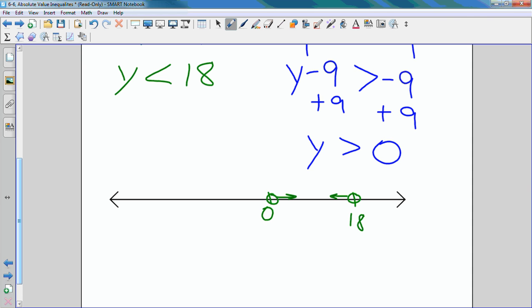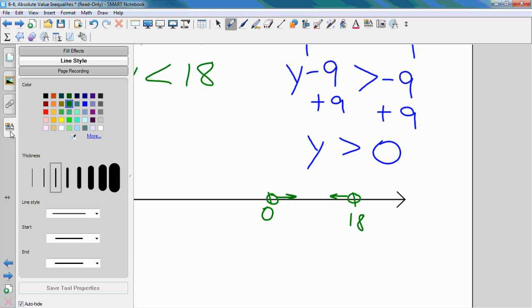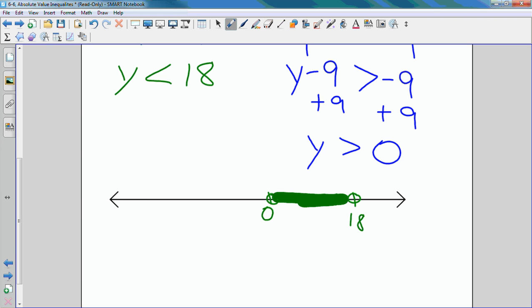So is it an and or an or graph? It's an and. Remember, when they hit each other, it's an and graph. They run into each other, so this is an and. Which means I can make it a compound inequality. I could put y in the middle. Remember, and graphs can be written like this.